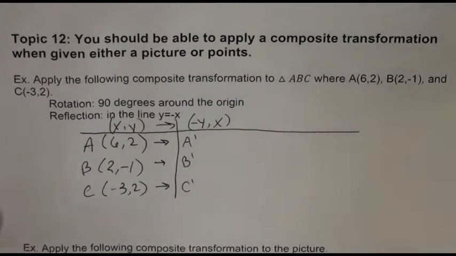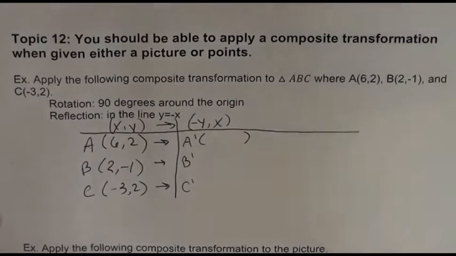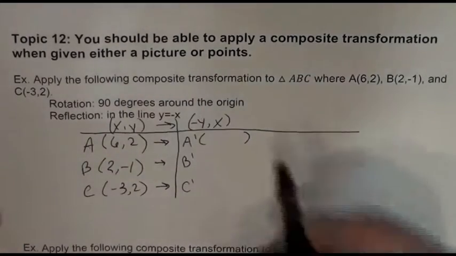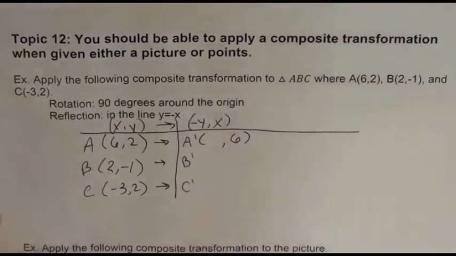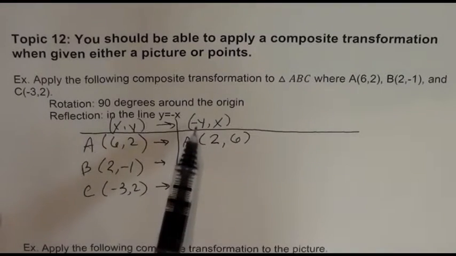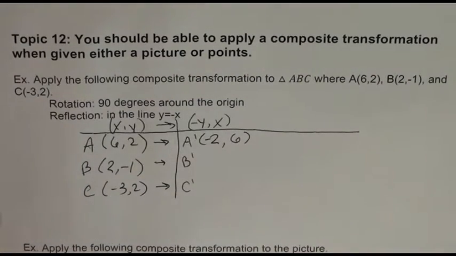And we actually apply the rotation. So x and y switch spots. The 6, the x value, becomes the second number. The 2 becomes the first number, except, remember, the y switches signs, so it becomes -2.